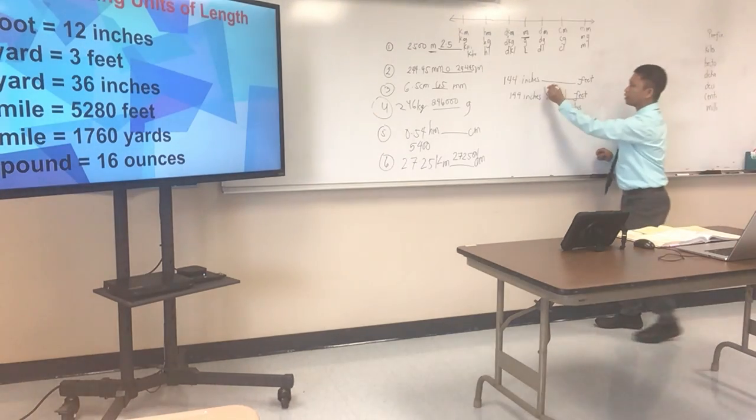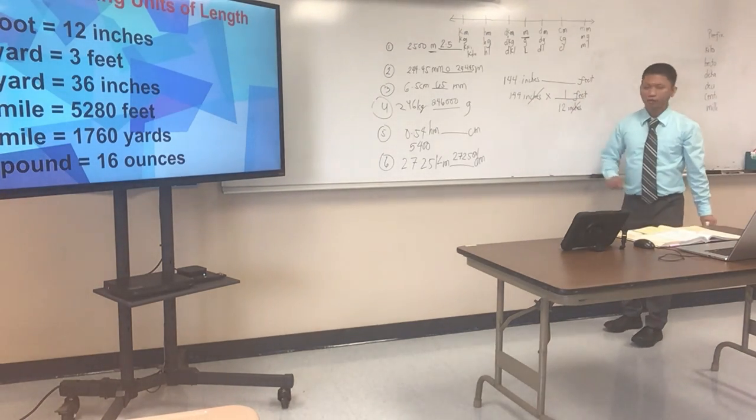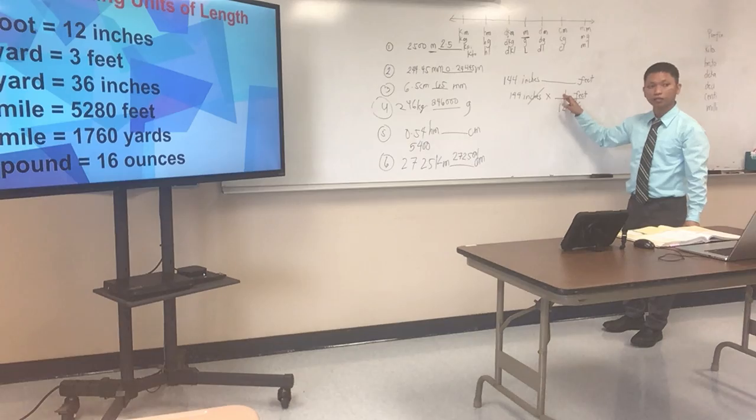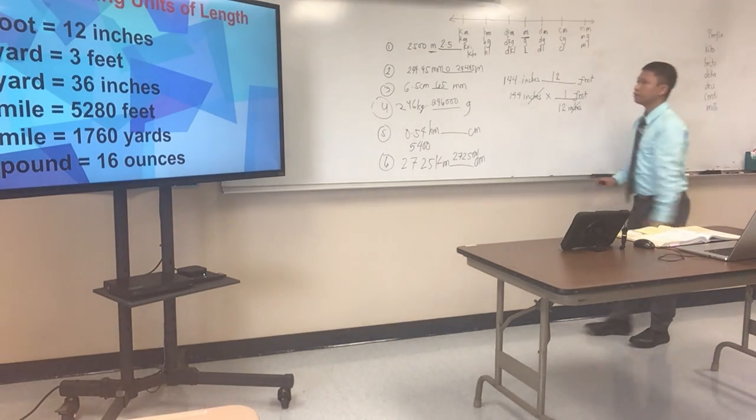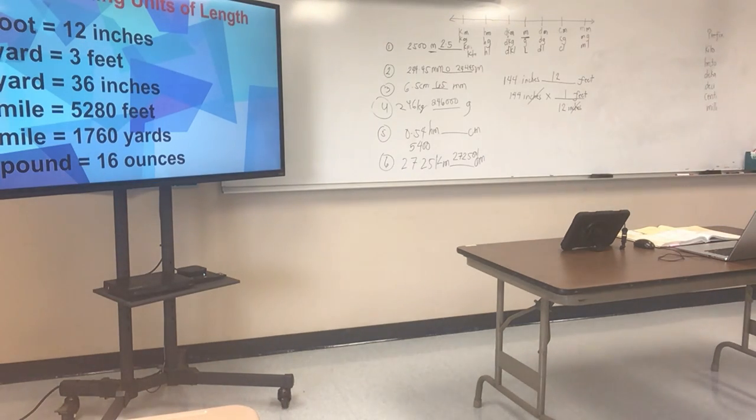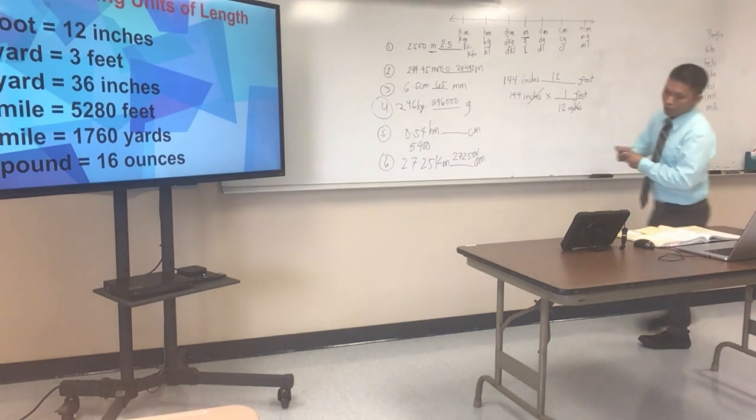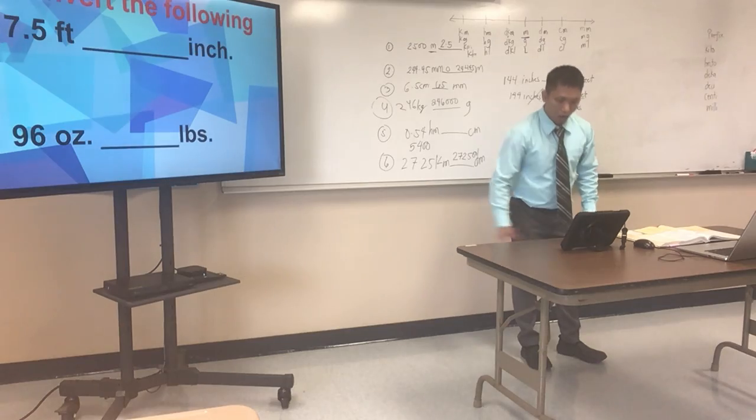So we put inches below and divide by 12, and this one will be feet. Then this would be cancelled already. Therefore, 144 times 1 divided by 12, the answer is 12. That is how we are going to solve. Good job, Jacob.